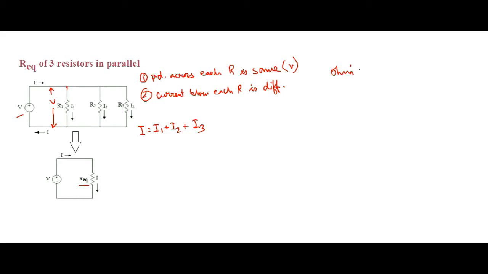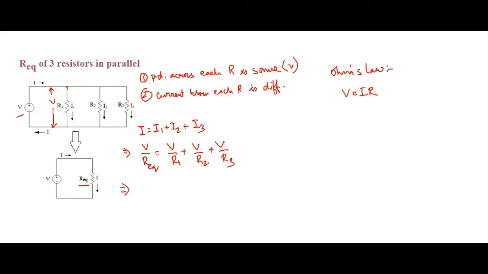Now as per Ohm's law, we know V equals IR. If we apply Ohm's law in this equation, we get I equals V by R equivalent, which equals V by R1 plus V by R2 plus V by R3.